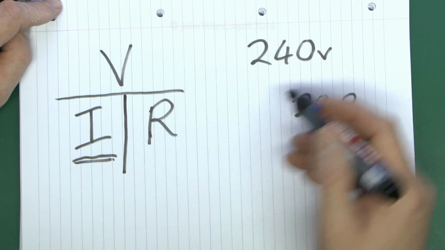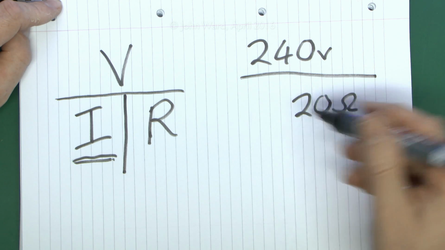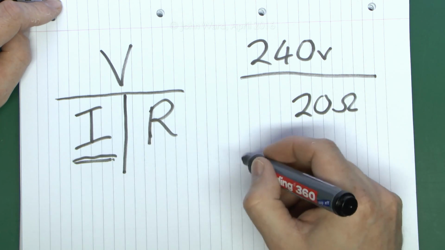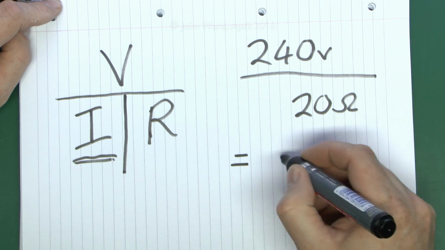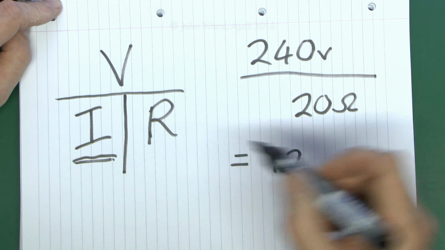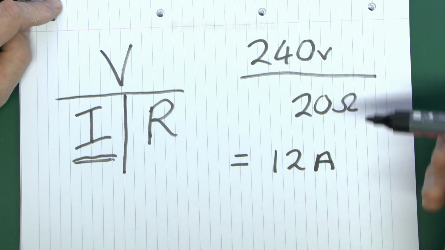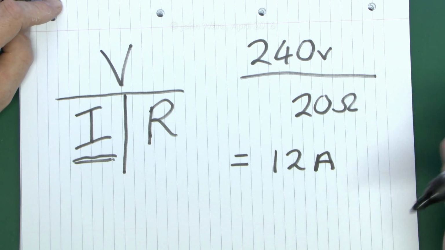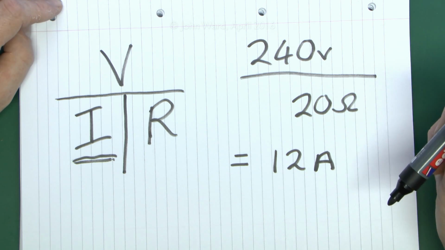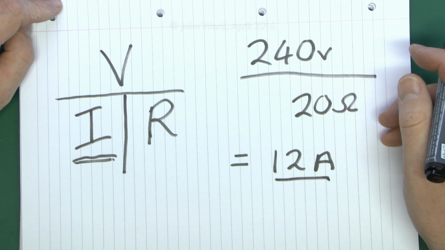Voltage over resistance, so it's 240 over 20, so 240 divided by 20, and that will give us the missing one, and of course the answer in that case is 12. And because it's current, it's going to be 12 amps. So you had a heating element, you measure a resistance of 20 ohms, put 240 volts across the ends of it, then 12 amps is going to flow through that particular heating element.